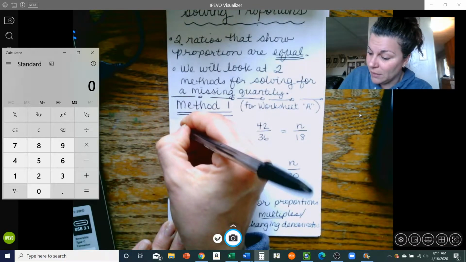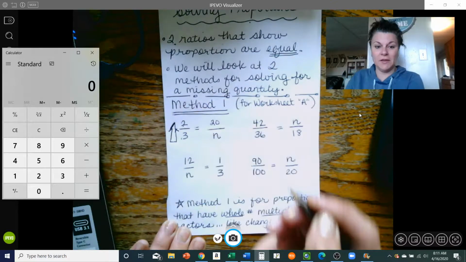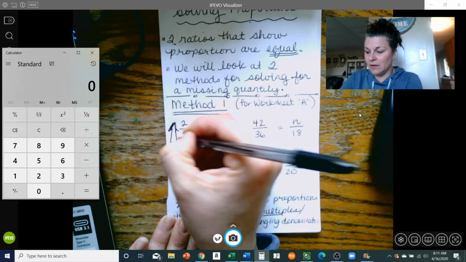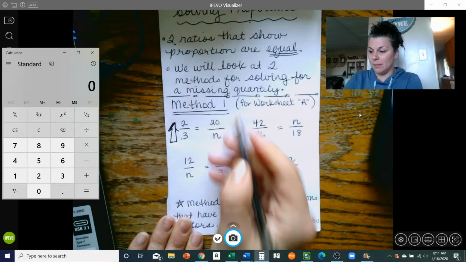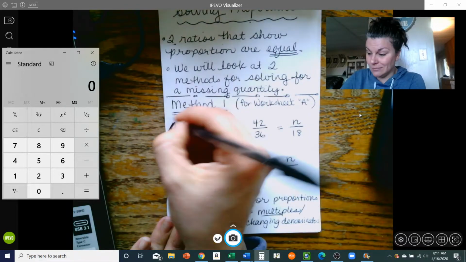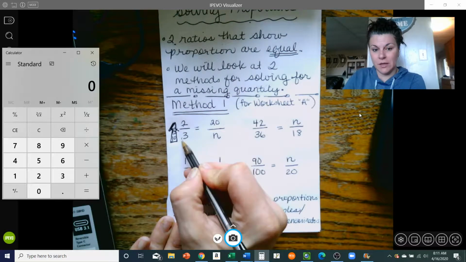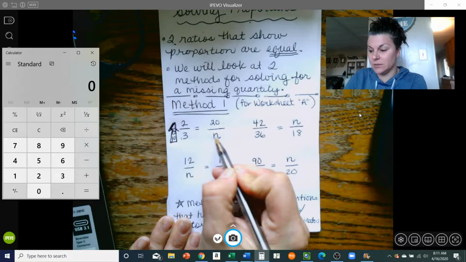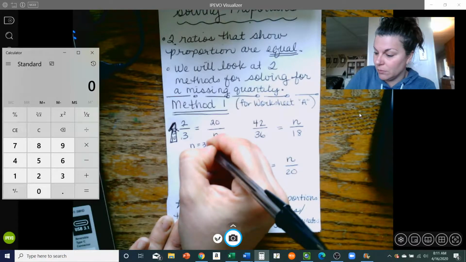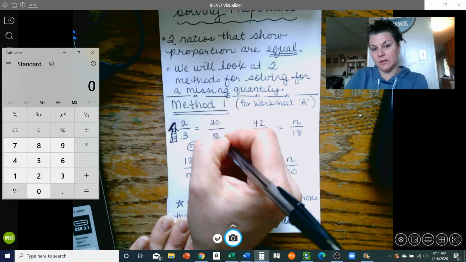So if I think of what fancy 1 I would multiply by to go from 2 to 20, that's 10 over 10. 10 times 2 is 20, and 10 times 3 is 30. So in this example, n equals 30, because I multiplied this by 10, and I multiplied the 3 times 10.